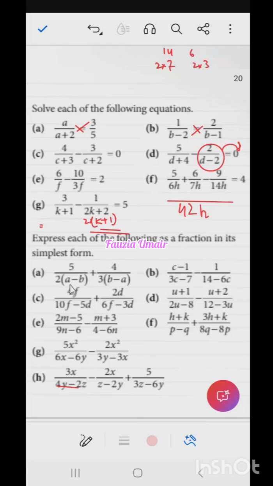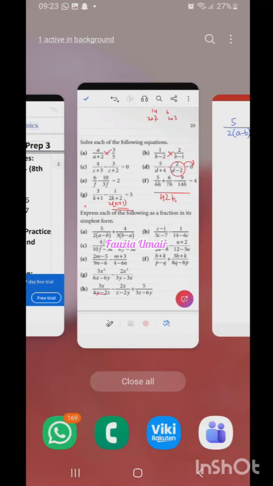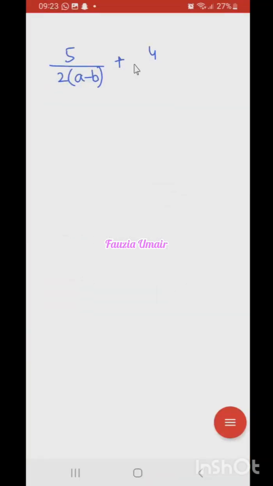This is a minus b, this is b minus a. So you can just take minus common. ये question कर लेते हैं. 5/2 into a minus b plus 4/3 into b minus a. ठीक है, अब देखिए LCM आपने सबसे पहले निकालना है because you are adding two fractions.